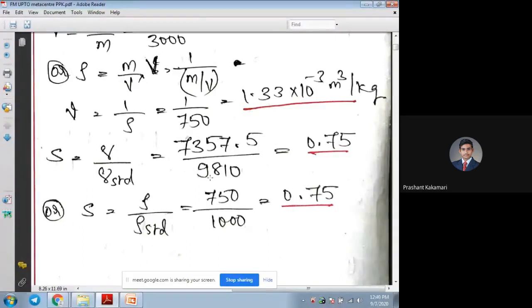What is the weight density of water? 9810. What is the mass density of water? 1000. These two are the standard values. So once you take these two values, one can find out either with respect to the weight density ratios or the mass density ratios. Both answers are the same. Just check, all of you.